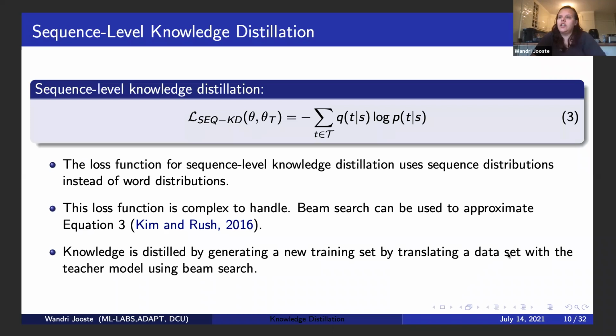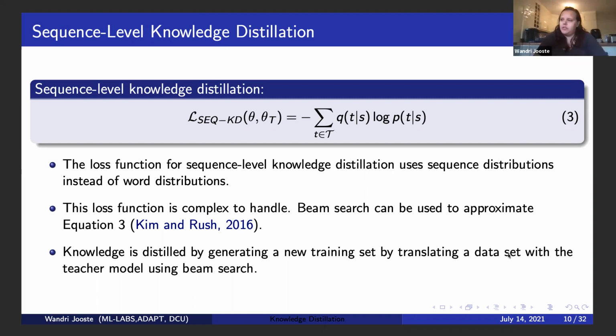And then finally, if you're looking at sequence level knowledge distillation, the previous function, instead of looking at words in a sentence, will look at whole sequences. This, however, is quite difficult to handle because it's very complex and there is an infinite amount of sequences available.